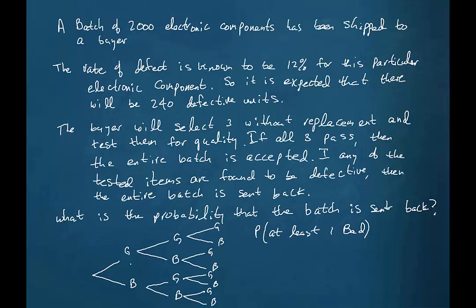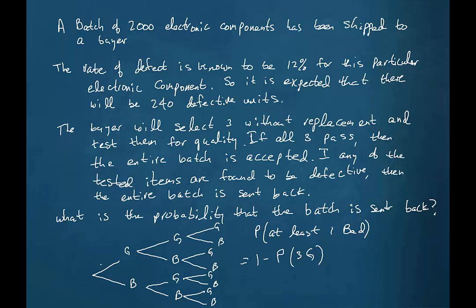But if we look through this tree, that would be every branch except this top one. So really then, this event and the event that we would find 3 good ones are complementary. So this then would be the same as 1 minus the probability that we would have 3 good units.